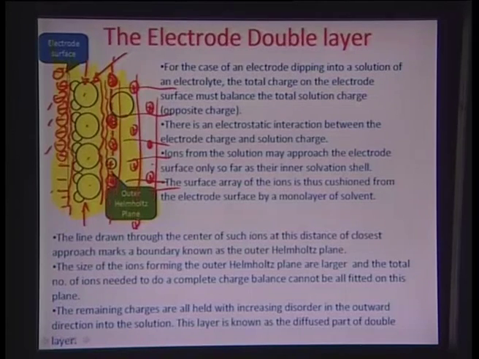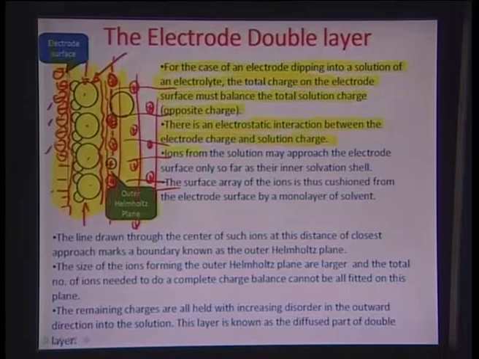In summary, for the case of an electrode dipping into a solution of an electrolyte, the total charge on the electrode surface must be balanced by the total solution charge, which is the opposite charge, and therefore there is a tendency for a distribution of charge within the bulk, for obvious reasons. So, there is an electrostatic interaction between the electrode charge and the solution charge.